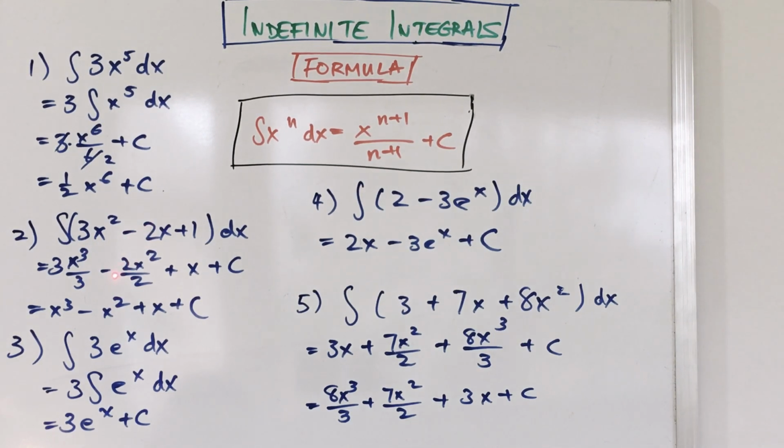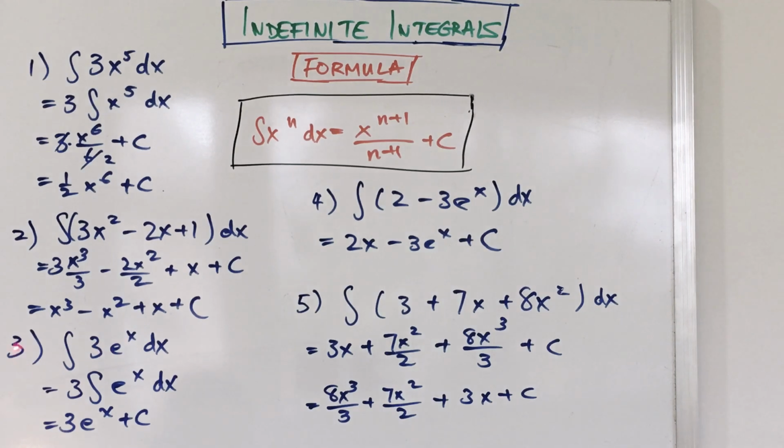Minus 2x, which is minus 2 times, now you have to integrate x, so that becomes x squared over 2, which was just the direct application of this formula, plus the integral of 1, which is x, and the constant here, and that just simplifies into that.